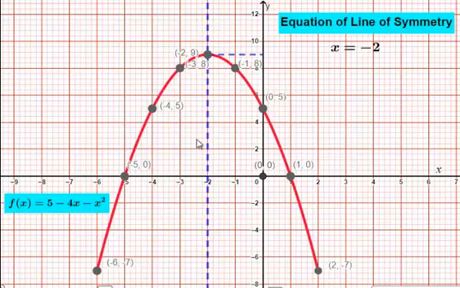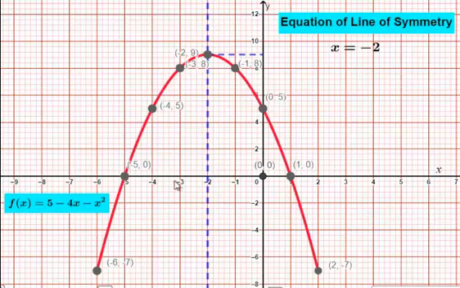Therefore, we have to draw another horizontal line from the turning point to touch our y-axis, and that is what you see also in blue. That is our horizontal line. All these lines, that is the vertical line of symmetry and this horizontal line, serve as evidence that you read the values from the graph, so they are very necessary.